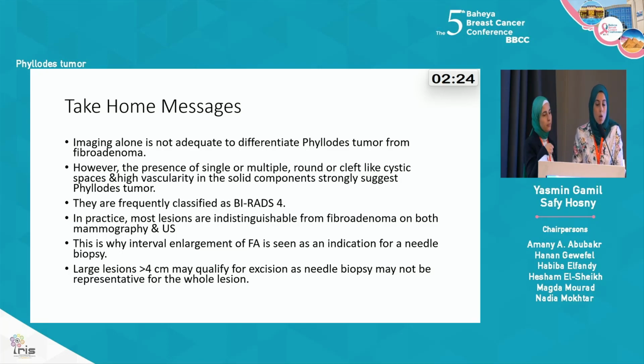In practice, most lesions are indistinguishable from fibroadenoma on both mammography and ultrasound. This is why interval enlargement of a fibroadenoma is seen as an indication for core biopsy. Large lesions more than 4 cm may qualify for excision, as core or needle biopsy may not be representative of the whole lesion.